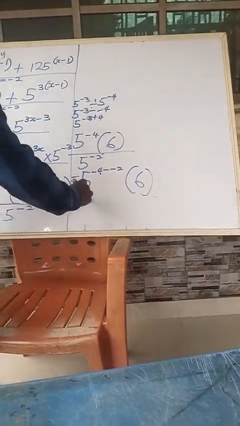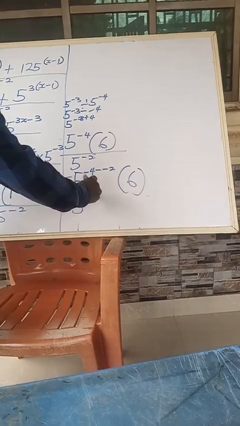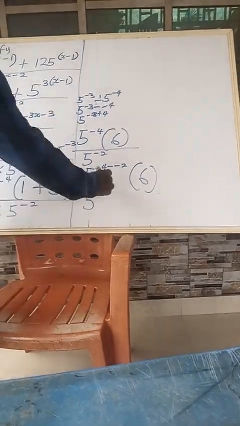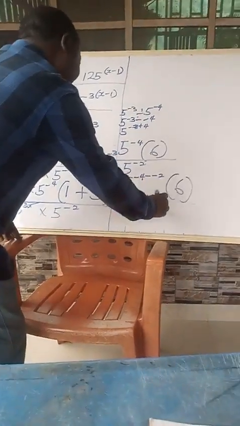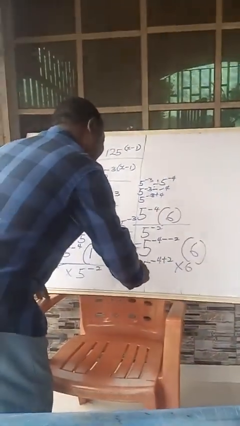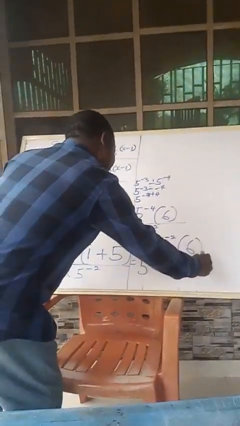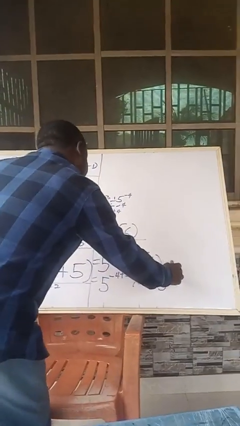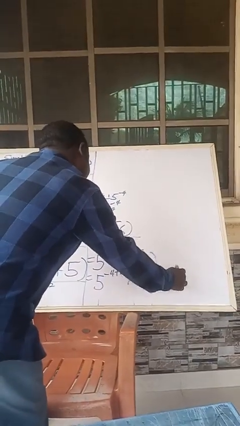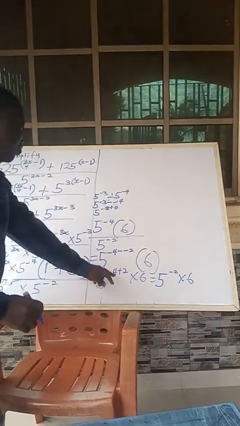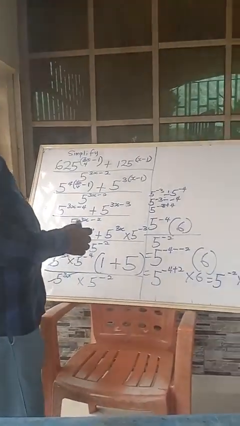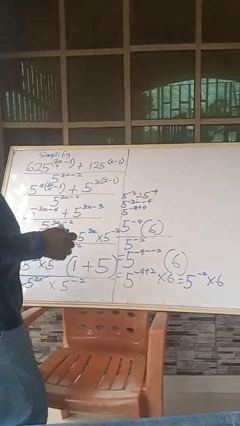And this becomes 5 raised to power minus 4, minus times minus, that is plus 2. Then times 6. And this is now equal to 5 raised to power minus 2 times 6. Minus 4 plus 2 is equal to minus 2. So that is 5 raised to power minus 2 times 6.